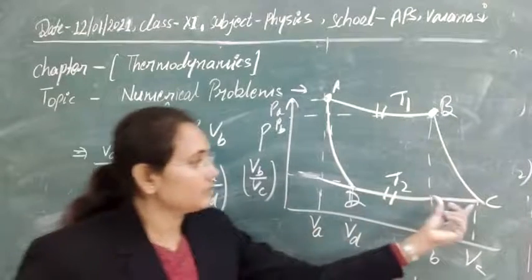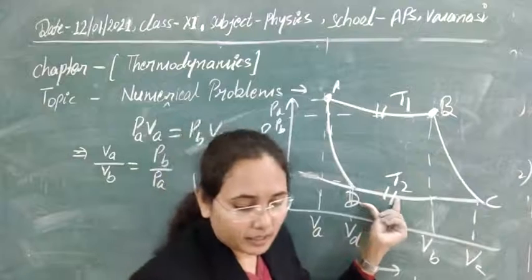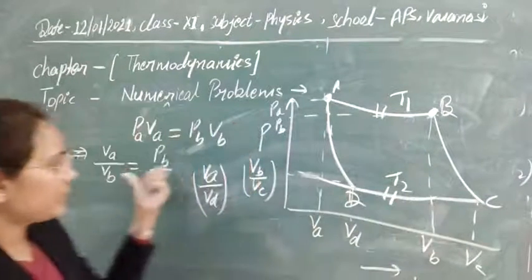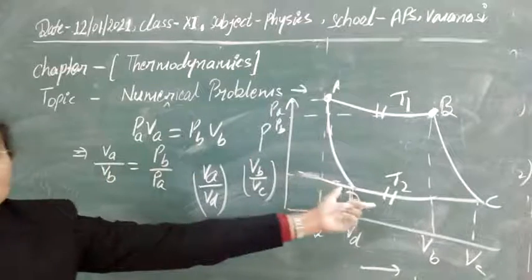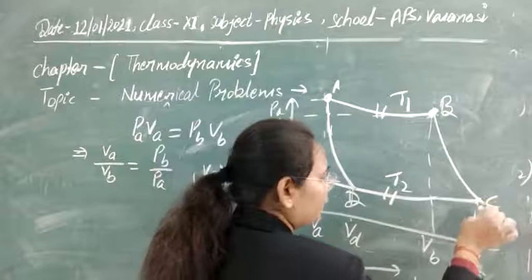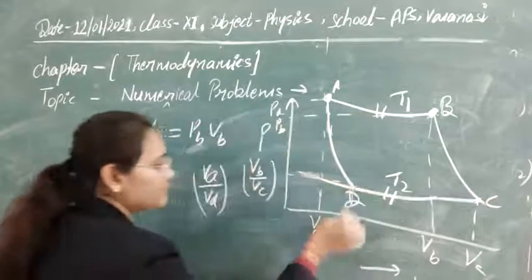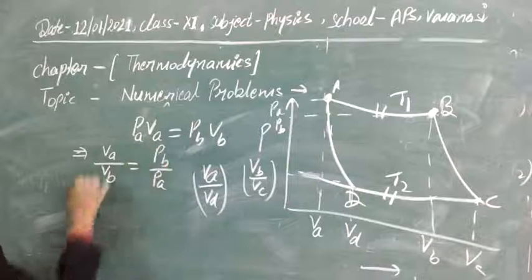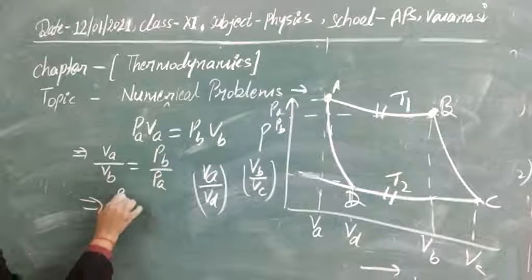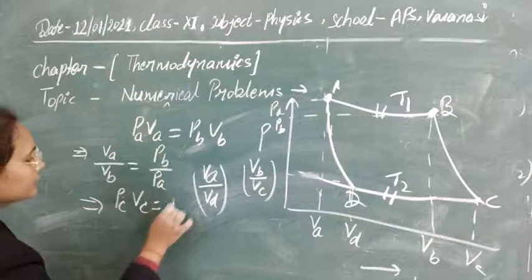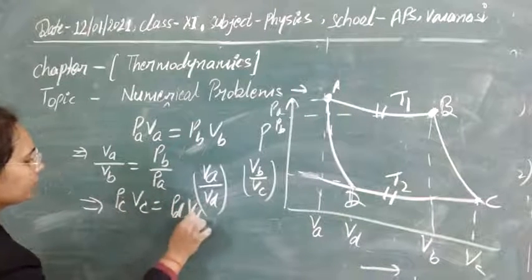Again, just take the two points that are on the isothermal curve, that is C and D. Write the formula for isothermals at this point also. At point C, the pressure is PC and volume is VC. At point D, the pressure is PD and volume is VD. So in the same way, PC VC is equal to PD VD.